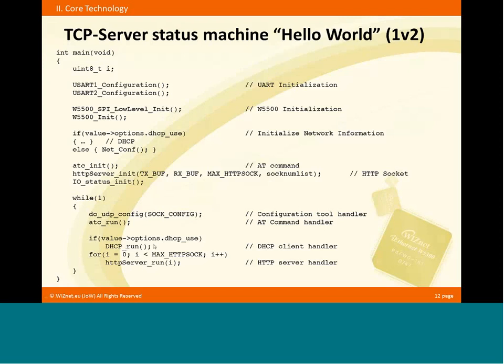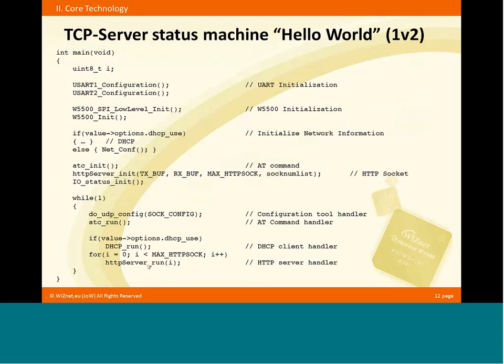We check from time to time if the DHCP lease time has run out and we need a new IP address. But as we want to be an HTTP server, it's better to have a static IP. Anyway, we just go into the HTTP server routine, check the HTTP status. If there is any connection established and we need to process HTTP data, we do it. If not, the while loop starts from the beginning.